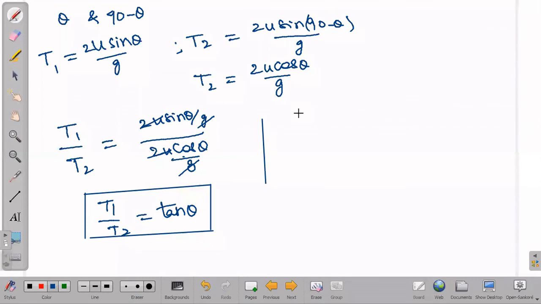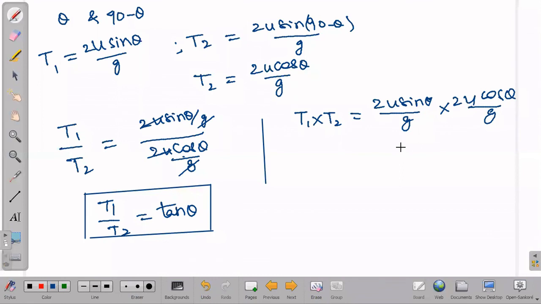T1 into T2 if I do, what we got, T1 is 2u sine theta by g, right? Next, this is 2u cos theta by g, we got, right? So if we multiply both of them, what do we get? Let me write 2u square into 2 sine theta cos theta by g square, for convenience.